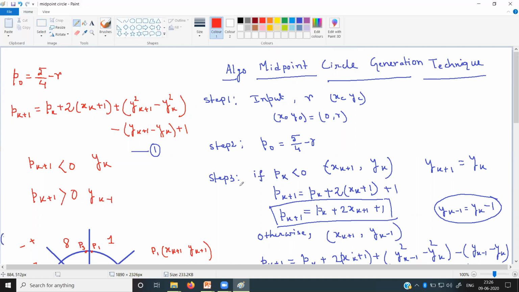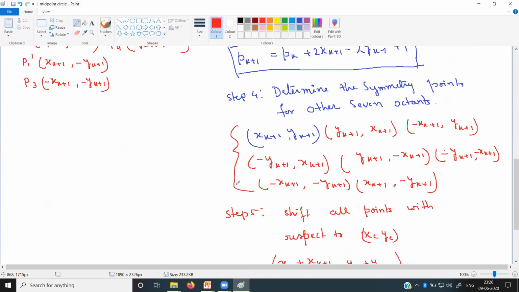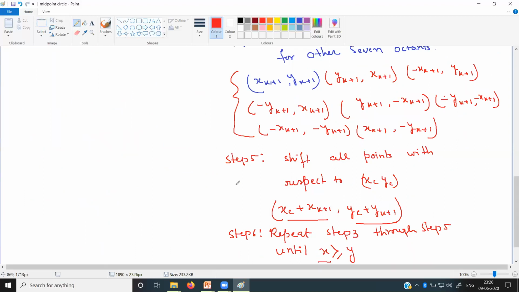Okay. Now I will show you a very simple example, a problem. This is a mathematical problem.